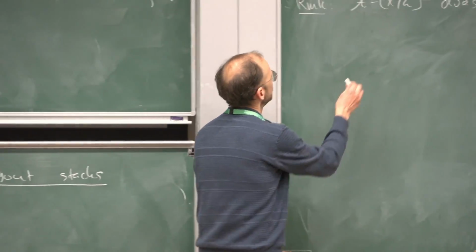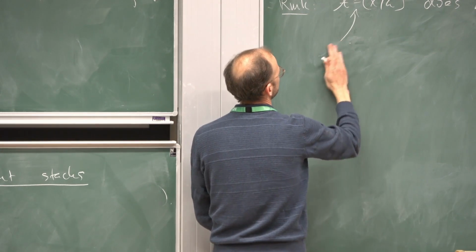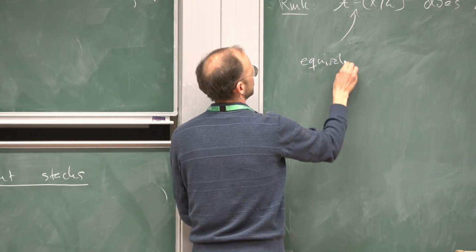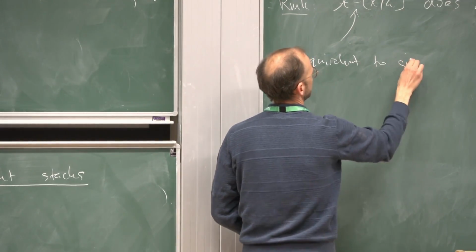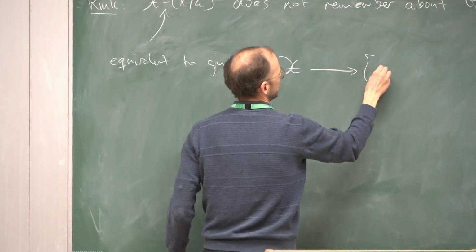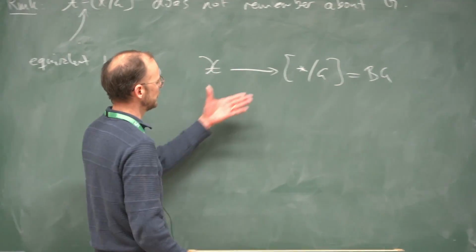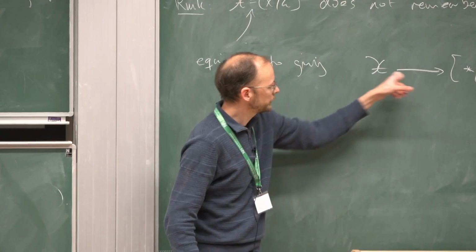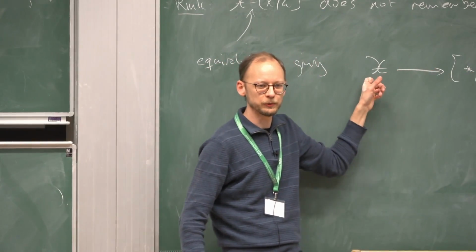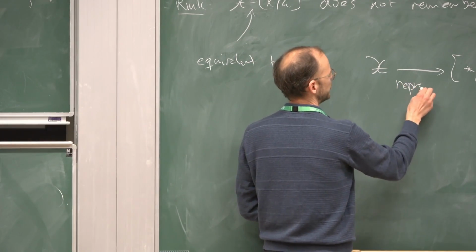So this thing is equivalent to giving a map from X to point mod G, so BG, and all the stackiness is contained here. So this is what one calls a representable map. So this is represented by a scheme.